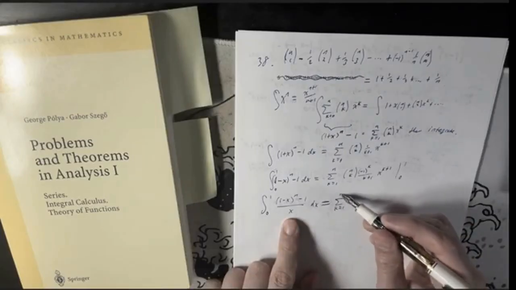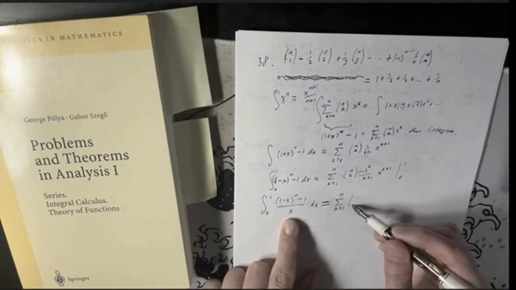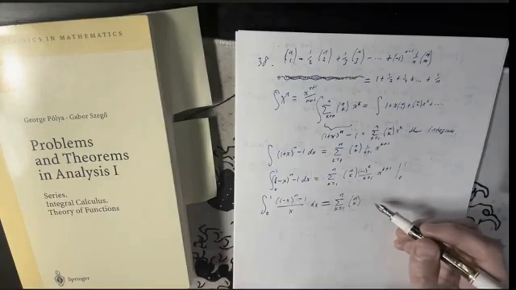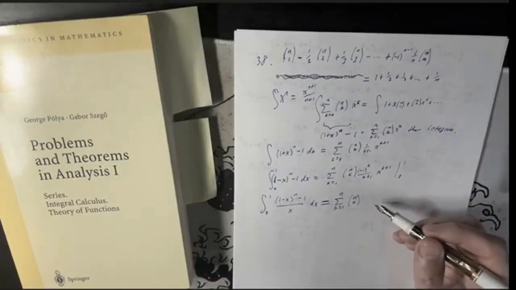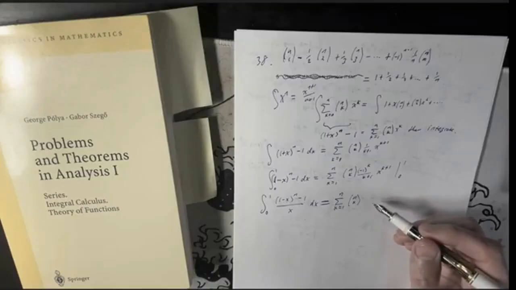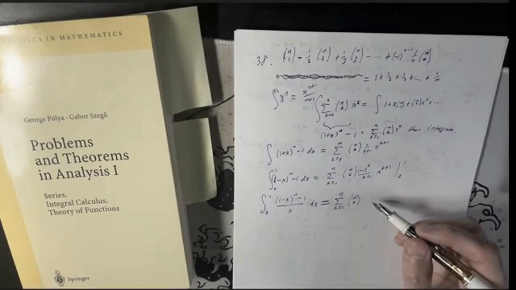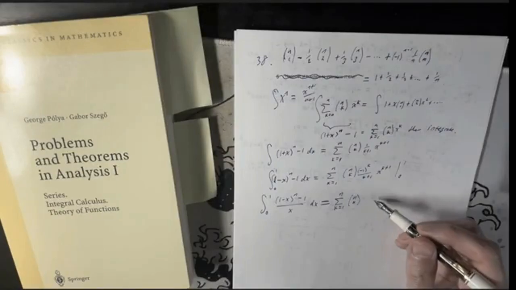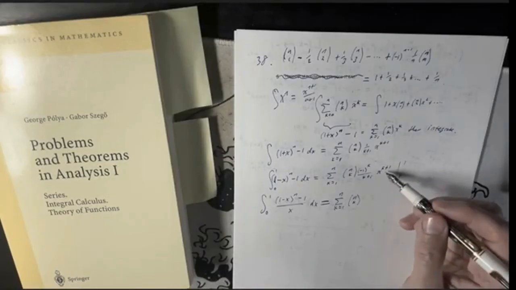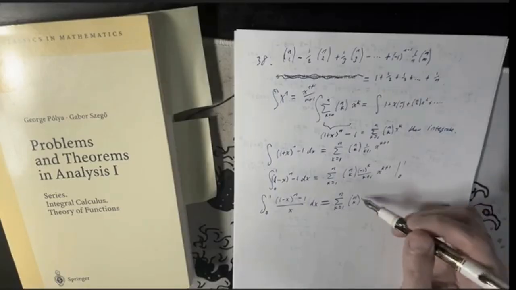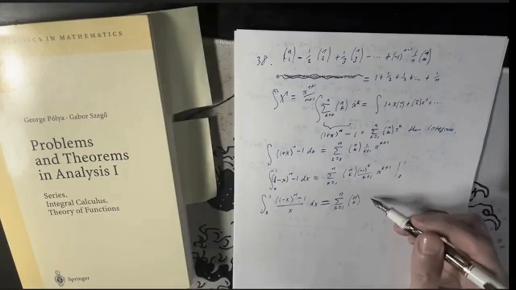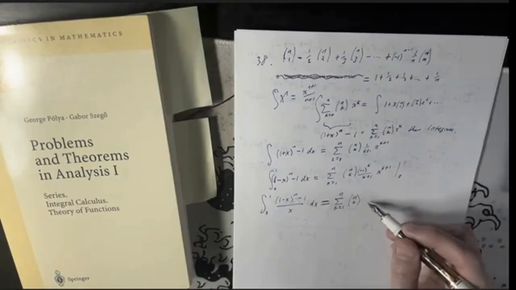So we're still doing this, but now, right, now these used to be x to the k minus 1 before you integrated it. So it integrates out to be 1 over k.